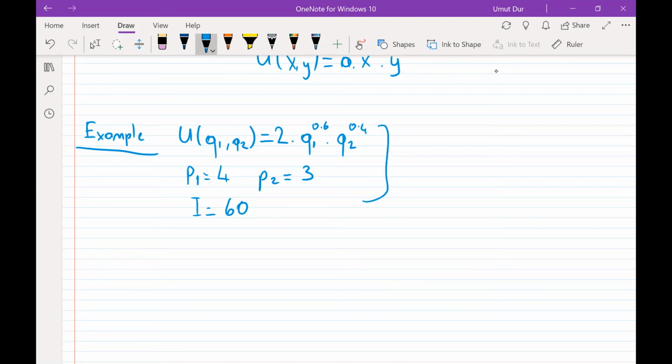Our question is, find the optimal bundle. This is a Cobb-Douglas utility function.